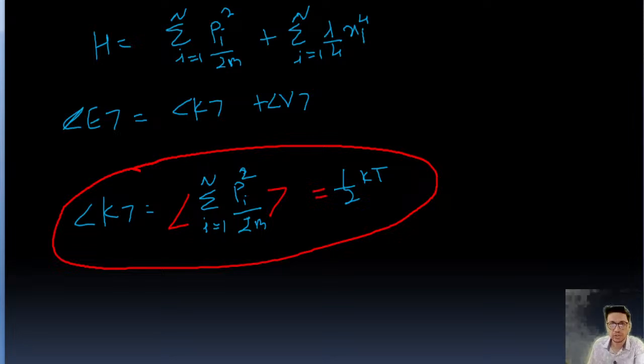Now the potential energy, sigma i equal to 1 to n of lambda by 4 xi to the power 4.